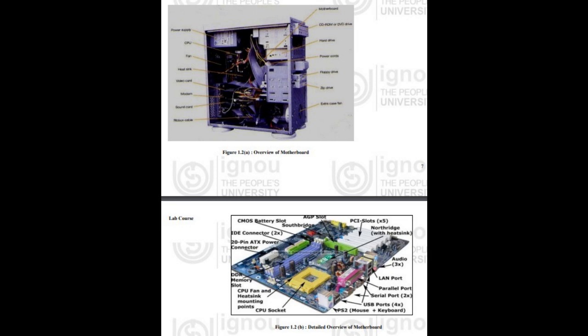On the back of computers are several I/O or input-output ports. Above, on the very top are two PS2 ports, normally used for mouse and keyboard connections. Below that are the USB or Universal Serial Bus ports.